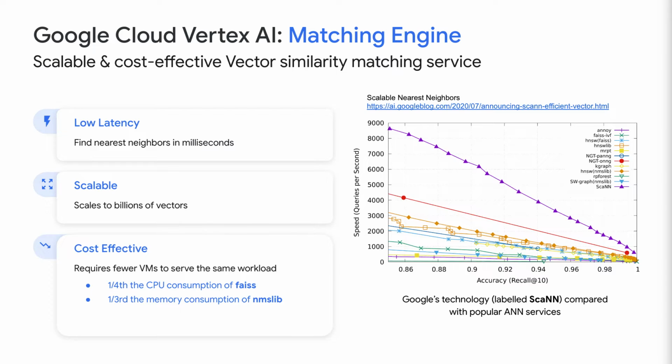Now, as a standalone service, Vertex AI Matching Engine provides a high-scale, low-latency, vector similarity matching capability which wraps this all as a managed service. Note that vector similarity matching is also known as approximate nearest neighbor capabilities. The matching engine is capable of finding these nearest neighbor items or records in milliseconds.